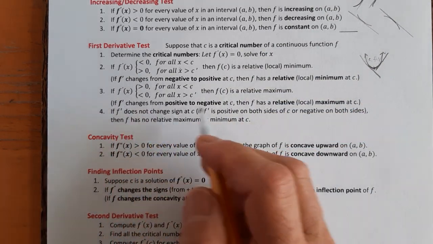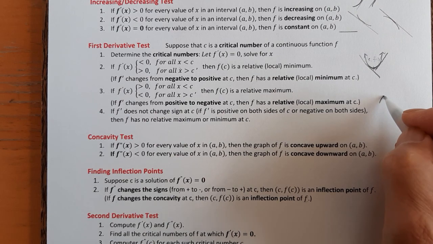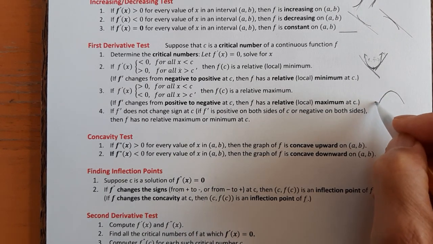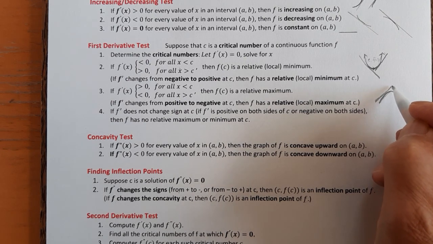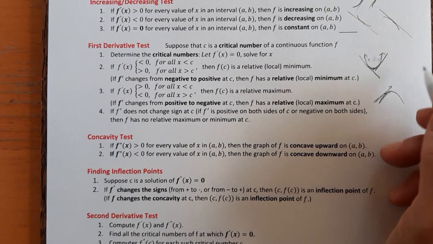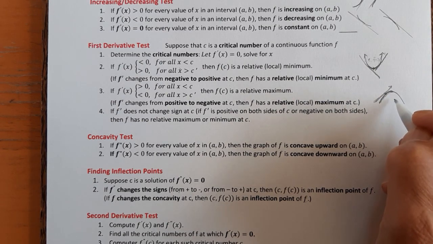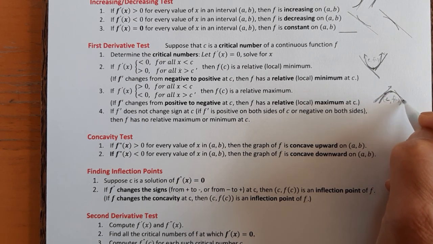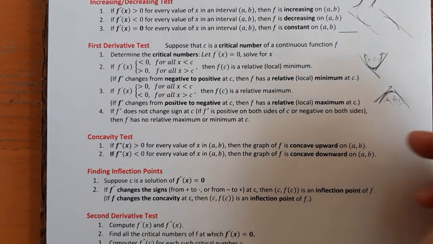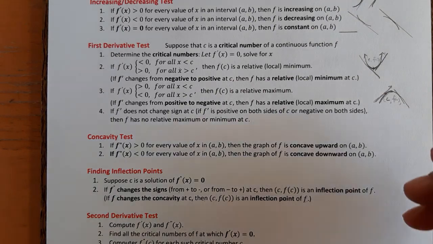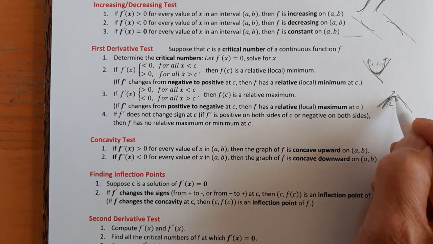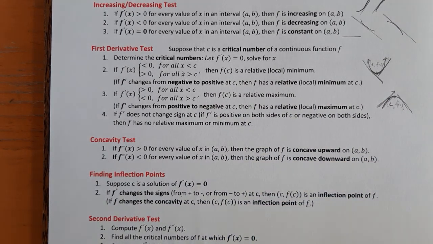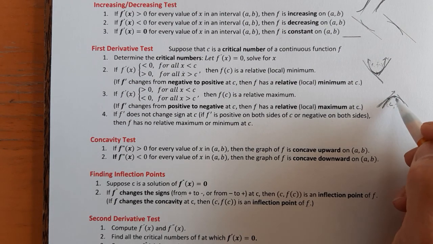If f prime changes, the third case, from positive, you see this increasing, the first derivative is positive, rising up, slope is positive. After this turning point, after x equals c, the critical point, it falls down to the right, and the slope is negative. So the slope changes from positive to negative, or the original function changes from increasing to decreasing.